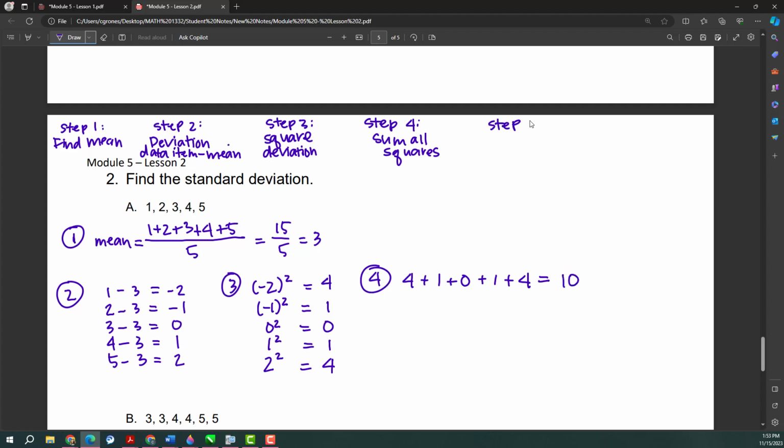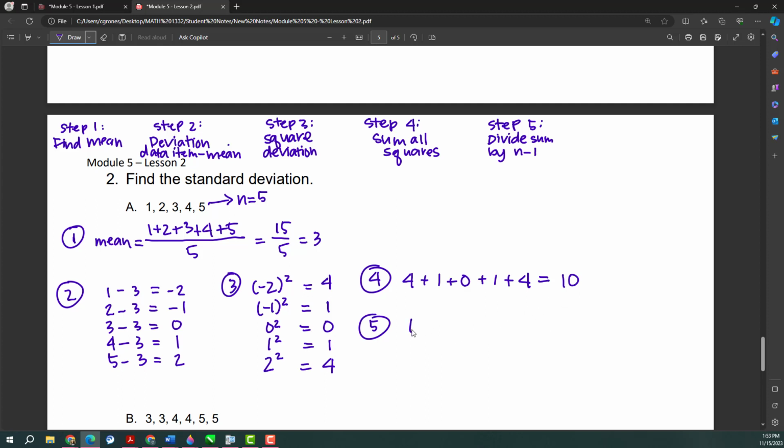And then step 5, we are going to divide our sum by n minus 1. Remember, n is the number of data items. So here n equals 5 because we have 5 items.